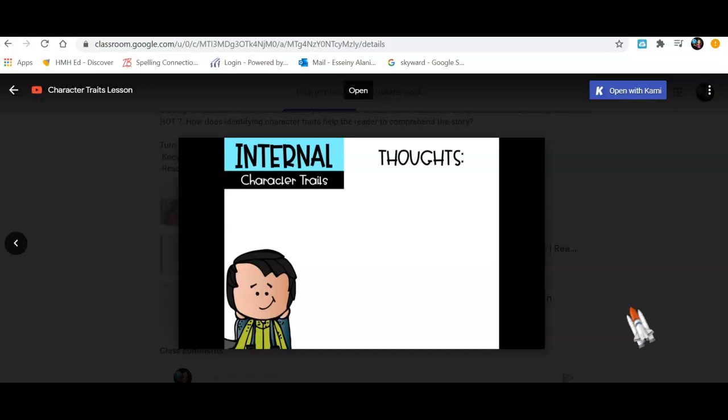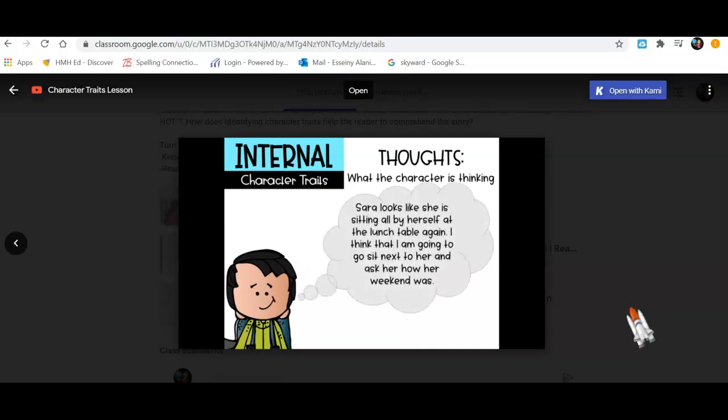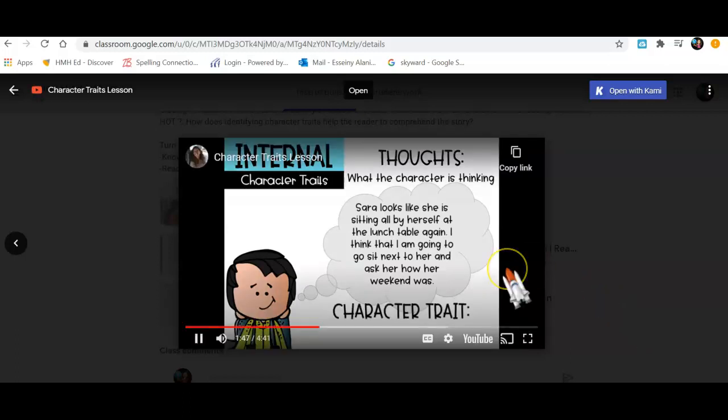Let's first look at thoughts. Thoughts is what the character is thinking. Here's an example. Sarah looks like she is sitting all by herself at the lunch table again. I think that I'm going to go sit next to her and ask her how her weekend was. So the clue is that she was thinking she was going to go sit next to a girl who looked lonely.